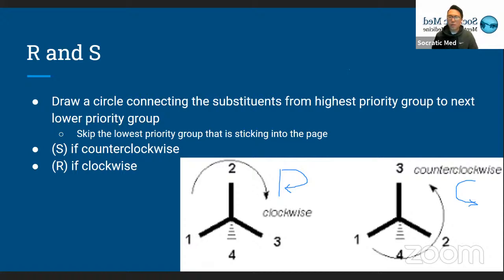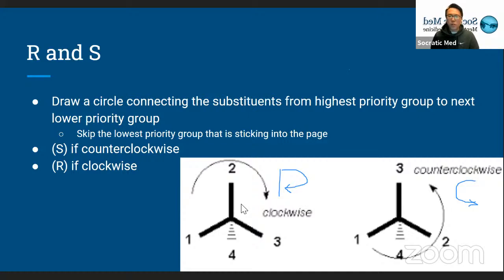So when you have to determine if it's R or S, try to remember how you write an R or an S and which direction that goes. That will help you determine if it's R or S, depending on if the circle is clockwise or counterclockwise. For S, the circle has to be counterclockwise, and for R, it has to be clockwise.